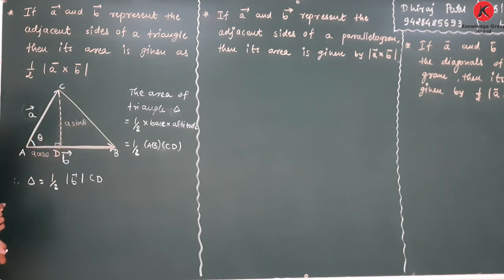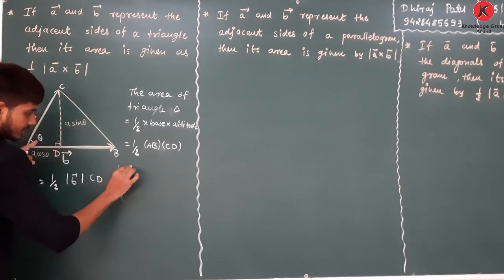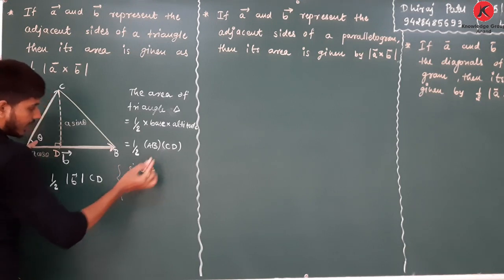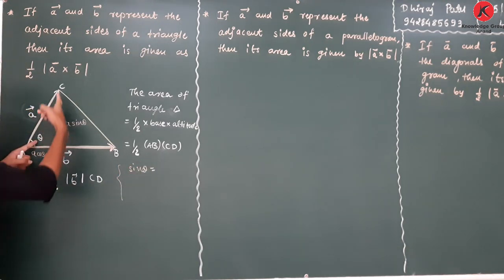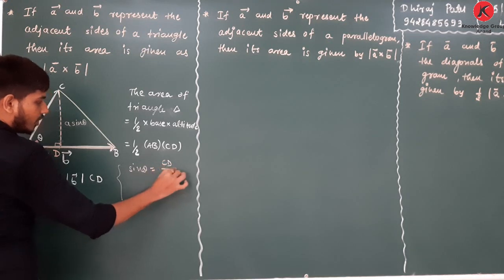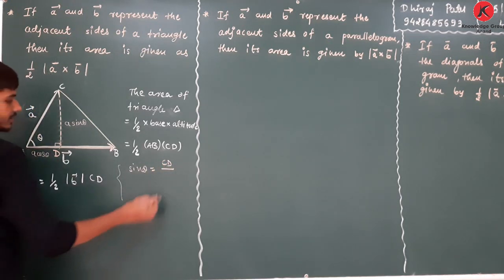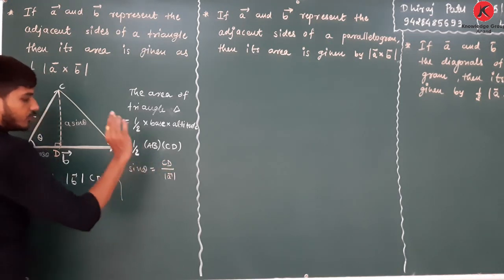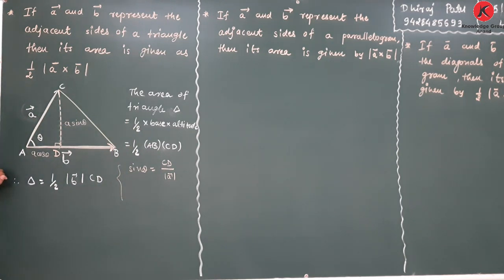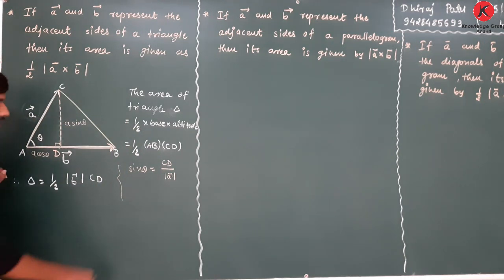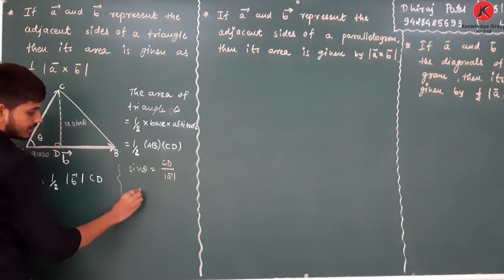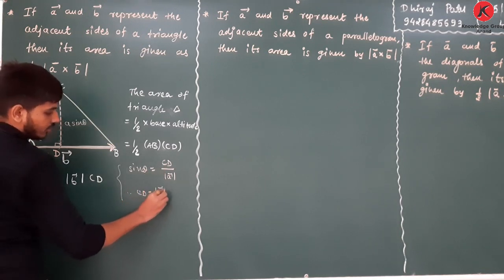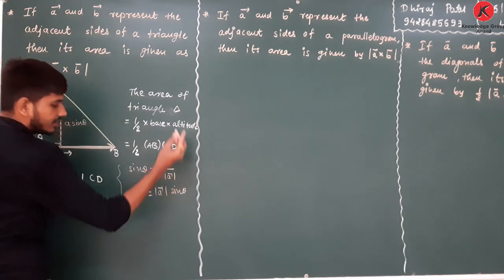If we want to find the value of sin theta, then sin theta equals the opposite side, that means CD, upon the hypotenuse, means magnitude of vector A. Therefore CD equals magnitude of vector A into sin theta.